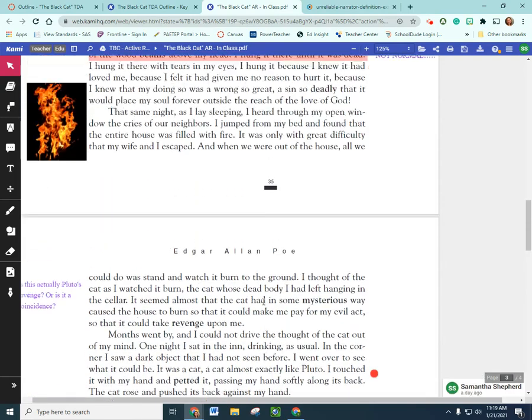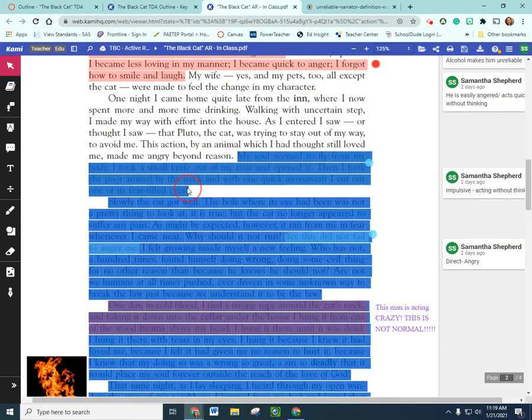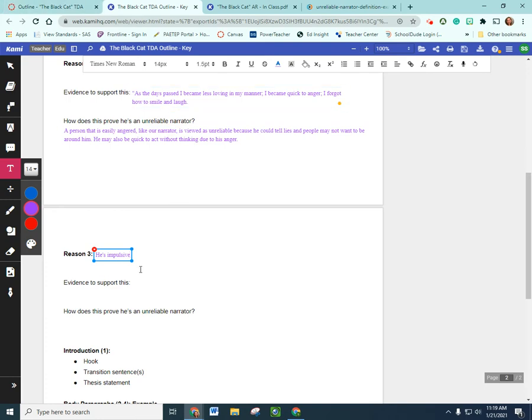I'm going to go ahead and go with our first example here. My soul seemed to fly from my body. I took a small knife out of my coat and opened it. I then took the poor animal by the neck, and with one quick movement, I cut out its fear-filled eye.